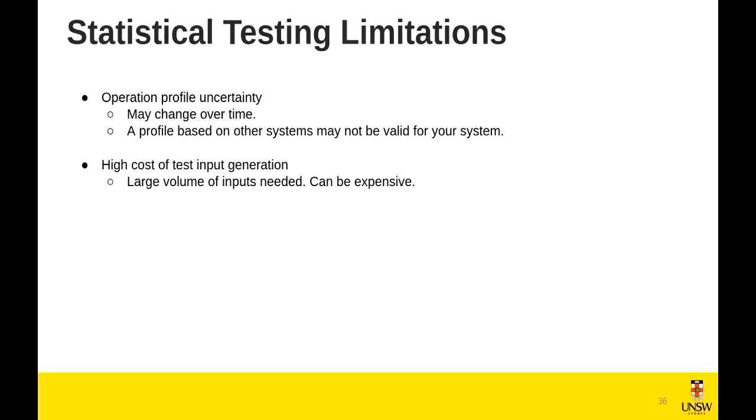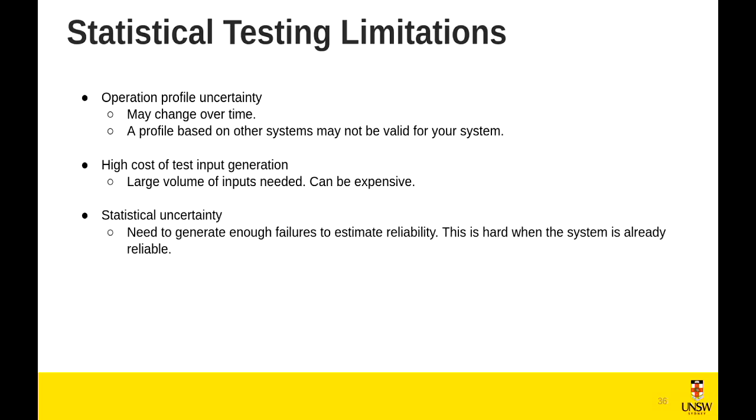And if we want the data to be statistically significant, we do need a large enough amount of values here. And the last one is statistical uncertainty, which is a limitation by nature for statistical testing. So we need to generate enough failures to estimate reliability. If we don't have enough failures of the system, we can't really argue that the data is reasonable.